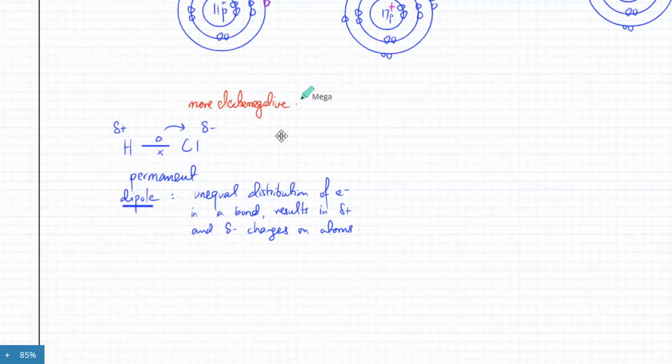So Cl is going to pull the electrons towards itself. So that is what we refer to as permanent dipoles. Permanent dipoles are formed when there's a difference in electronegativity.